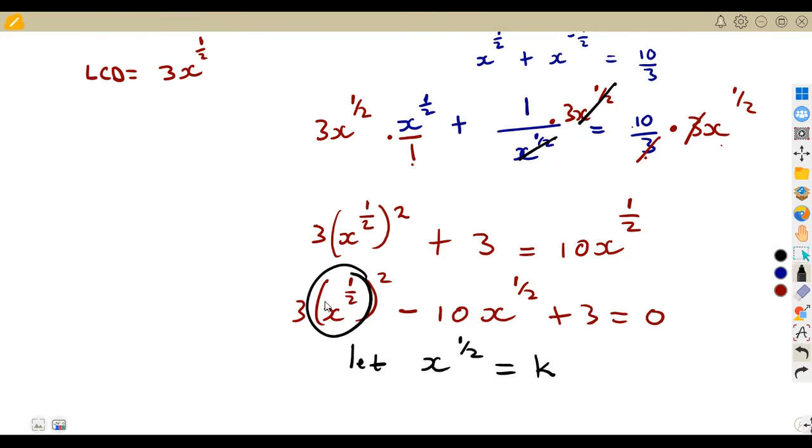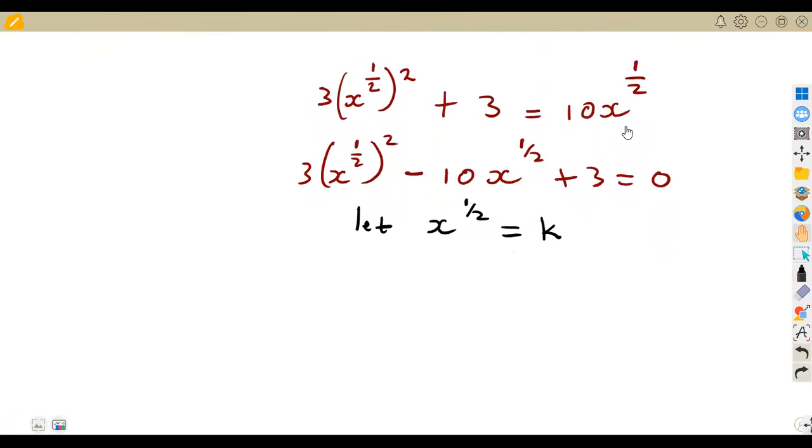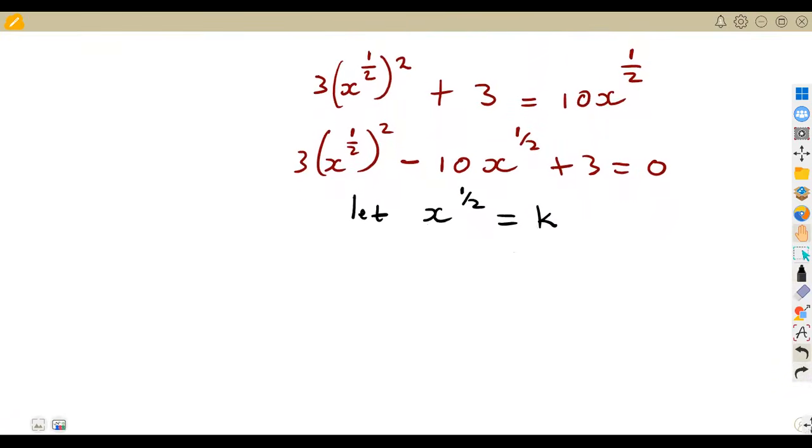So here I'm going to have a k to the exponent of 2, all right? Then this one is just a k. Wherever there is x to the exponent of a half, I'm going to replace it with k. So like I said, this will be 3k to the exponent of 2 minus 10k plus 3, which is equal to 0.